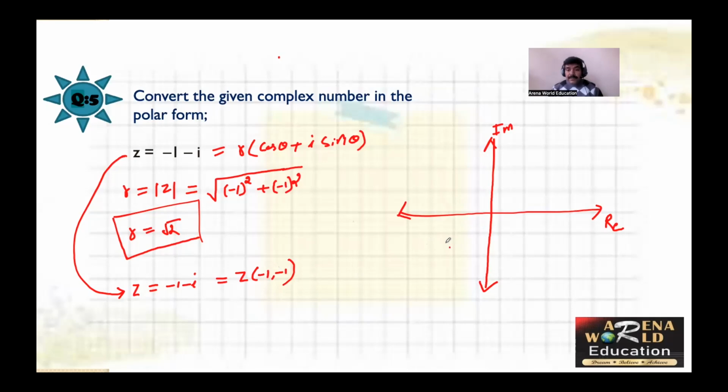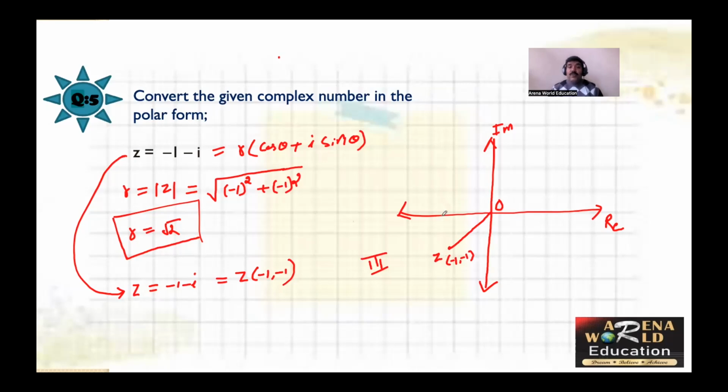It means this point z will be in third quadrant, right? So what is the next step? Yes, we will join this z with origin, right? So z is having coordinates what? -1, -1. Now we are in third quadrant.